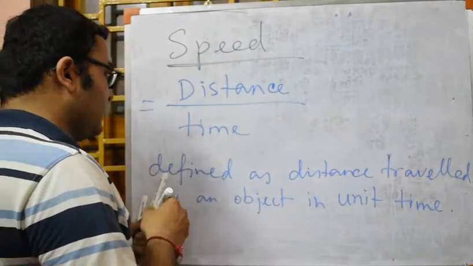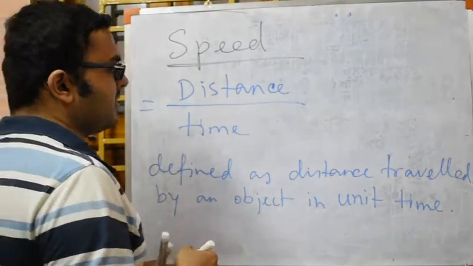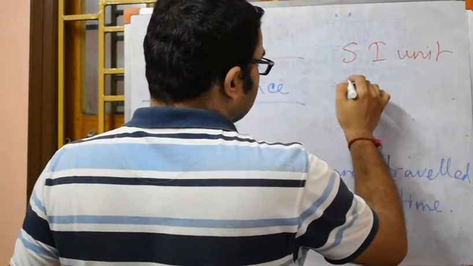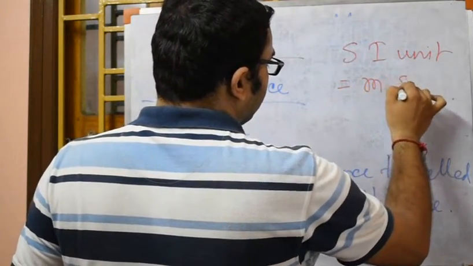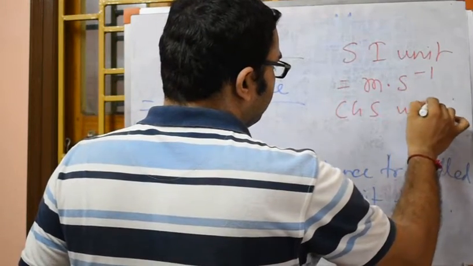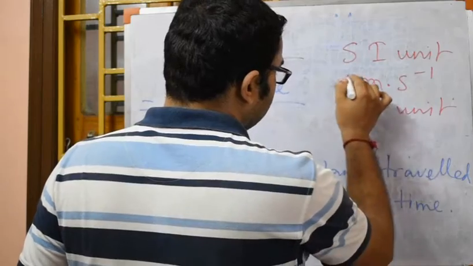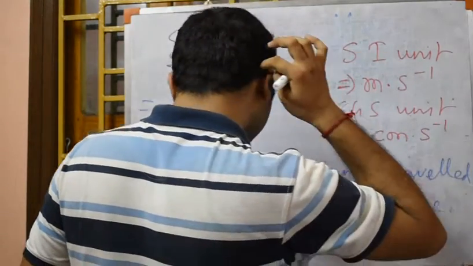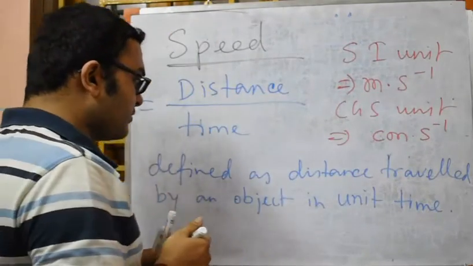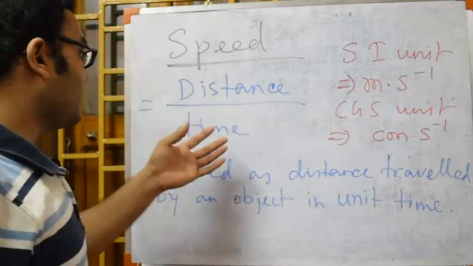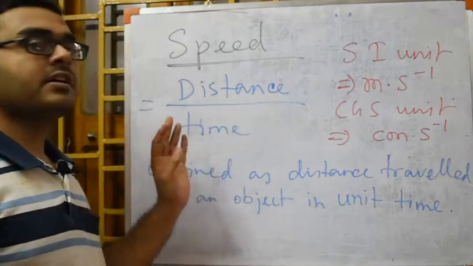What are the units? The SI unit of speed is meter per second, and the CGS unit of speed is centimeter per second. Whenever an object travels a greater distance in a smaller time, it has a larger speed.